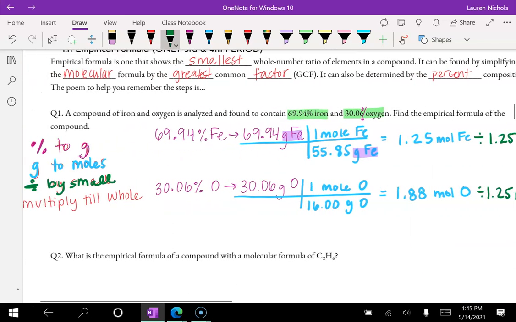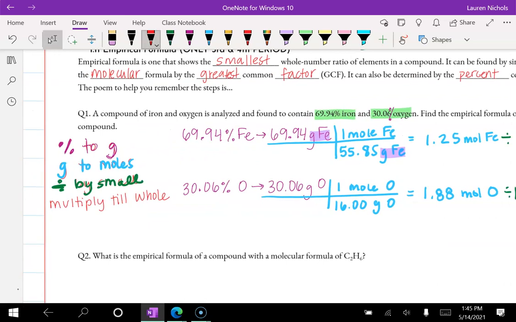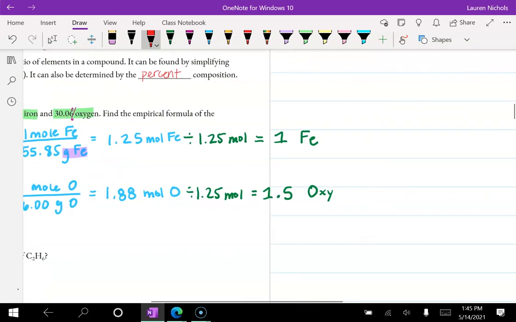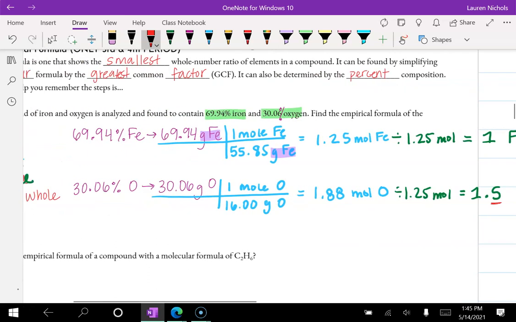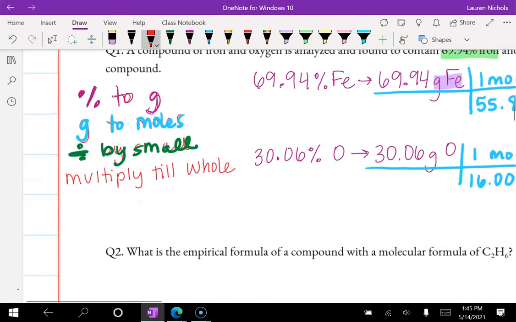And then our very last step, which I'll actually leave in red, says multiply till whole. Because we see here, this one has a decimal. And you can't write a chemical formula that says Fe1, 0, 1.5. You cannot have decimals in your subscripts. So there's a little hint here for you. If your answer after you've divided by small ends in 0.5, that means you multiply by 2.